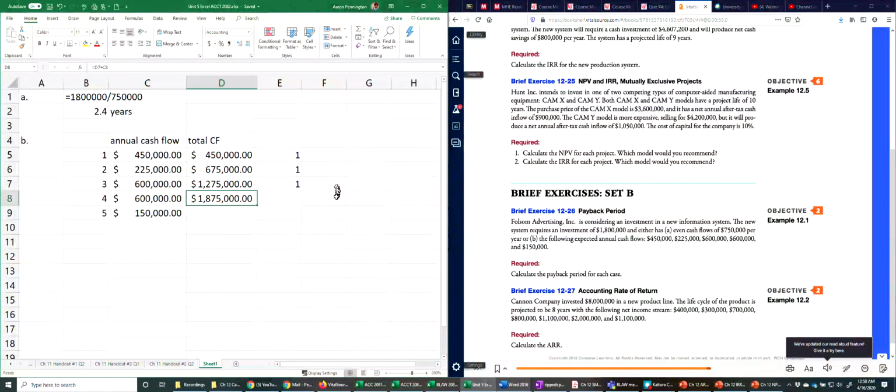The investment was 1.8 million. At the end of year 3, the cash flow earned to date is 1.275 million. All right, and 600,000 is earned in year 4.